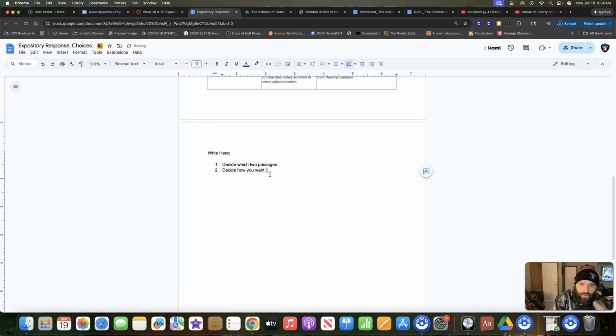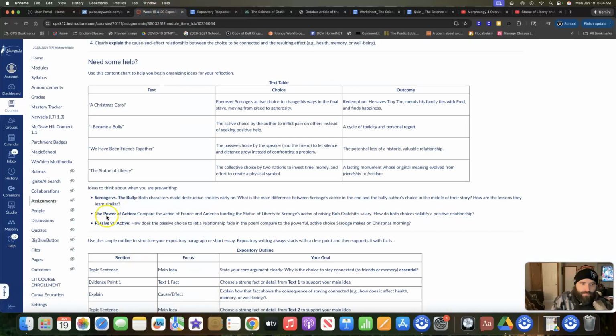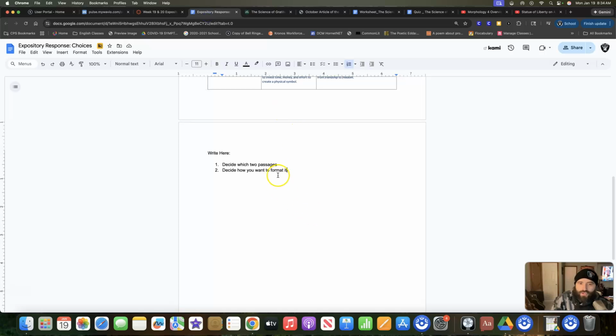Decide how you want to format it. Do you want to do active versus passive, or the power of action, Scrooge versus the bully? Regardless, you're choosing A Christmas Carol. I should say decide which other passage besides A Christmas Carol, because that's the one you have to do. Okay, decide how you want to format it.